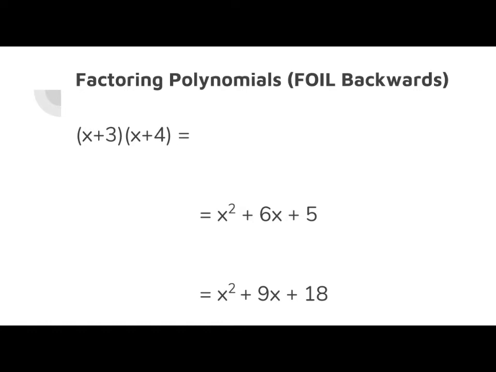If we look at that first example, x plus 3 and x plus 4, if you distribute that out, you can certainly pause it and do that on your own first. But if we distribute the x through, we distribute the 3 through, and we combine our like terms, if we do that FOIL, we would end up with this, x squared plus 7x plus 12.